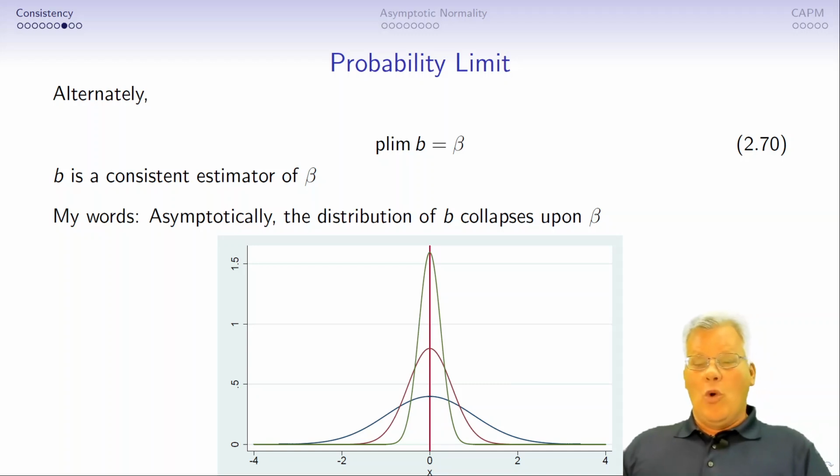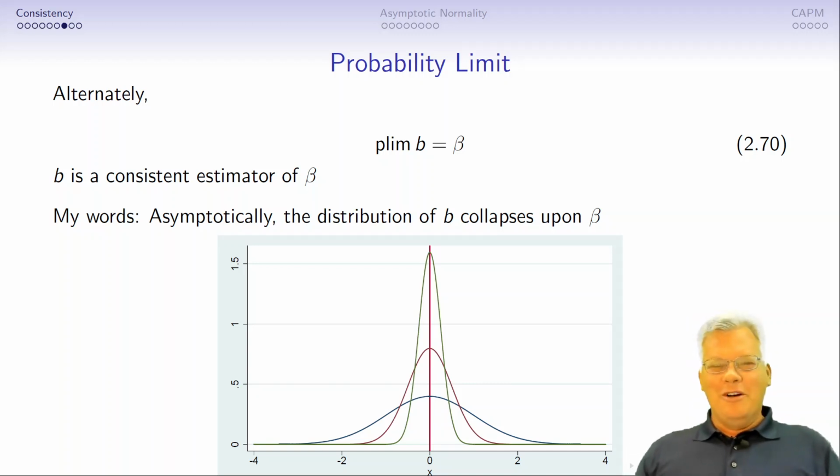So going down the food chain a little bit more, we could say alternatively, or more simply, that the probability limit of b is beta. Or b is a consistent estimator of beta. Now, you remember that earlier in this chapter, when we were talking about small sample properties, we were saying that b is unbiased if the Gauss-Markov conditions were met.